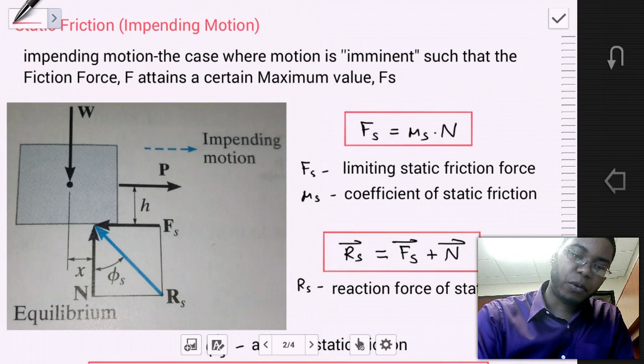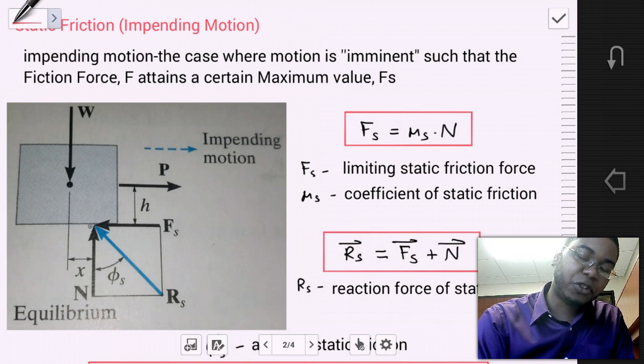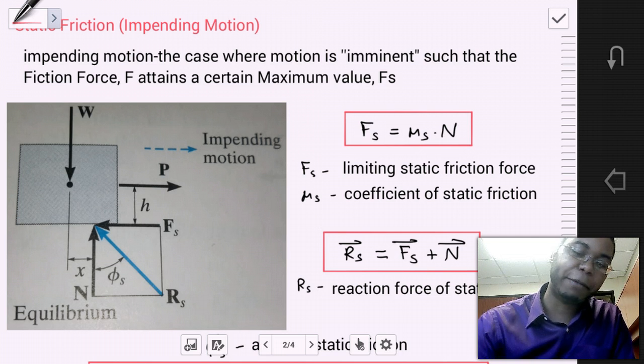Once we've been able to calculate that, we can directly put this Fs into our free body diagram. When we do that, we can also find the sum of the surface reaction. So what is the resultant reaction force at the contacting surface between the block and the flat plane?